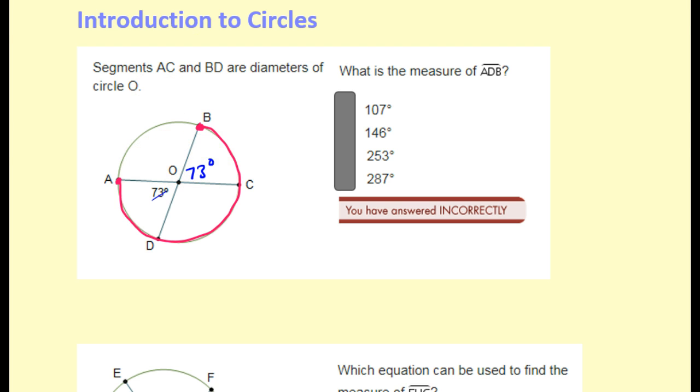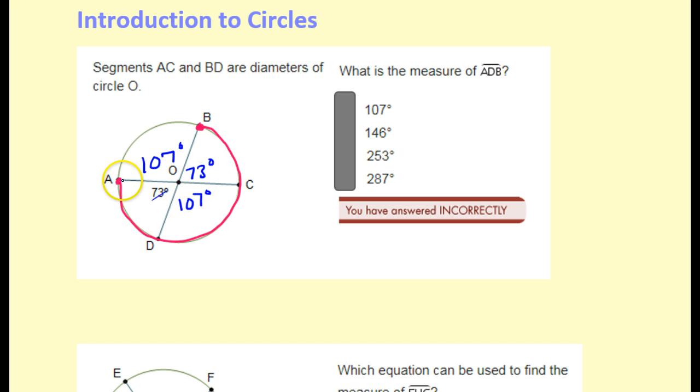So if this is 73 degrees, then this must be 107 degrees over here, because those two would add up to 180. And then these are vertical angles as well. So this is 107 degrees as well. All right, so we know all four of these angles.